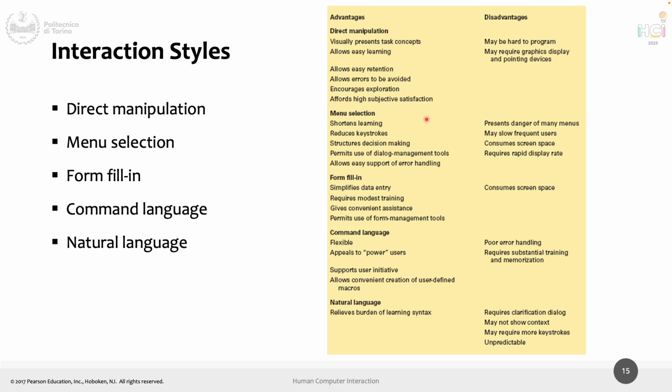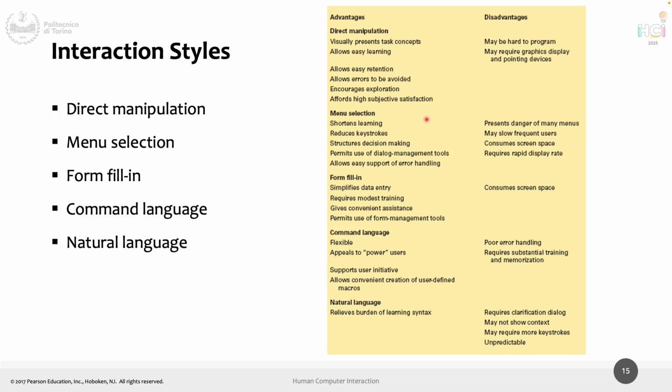Command language is flexible, very adapted for power users, and gives you a lot of freedom to do or not do things, but you have, for instance, to remember what you have to do, because you don't see it on screen. You have to write a command, which is again similar in a sense to a programming language as well.